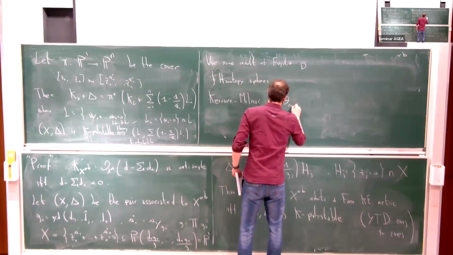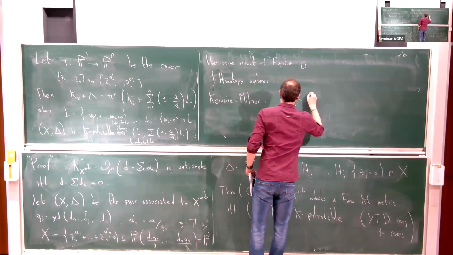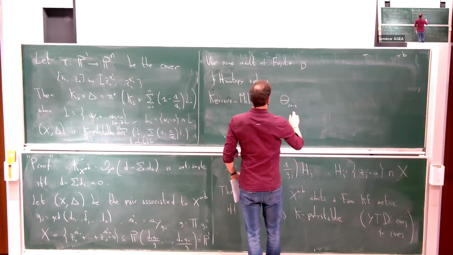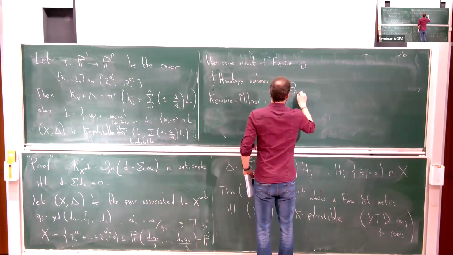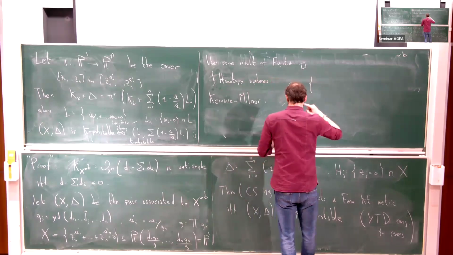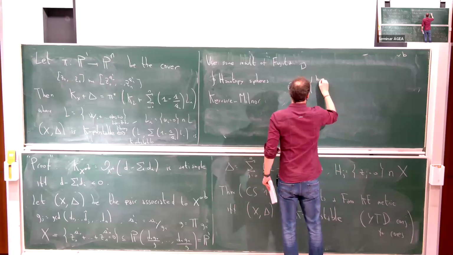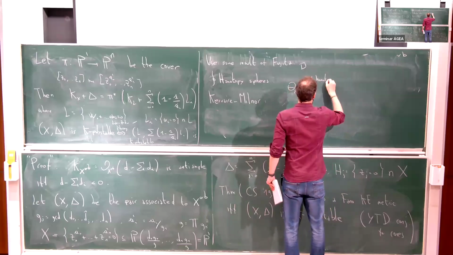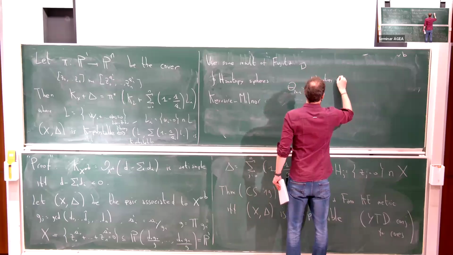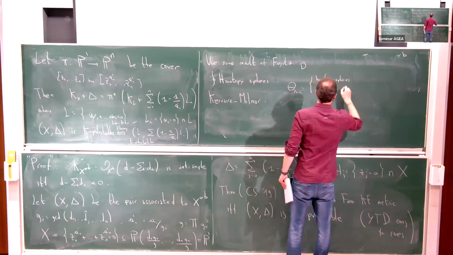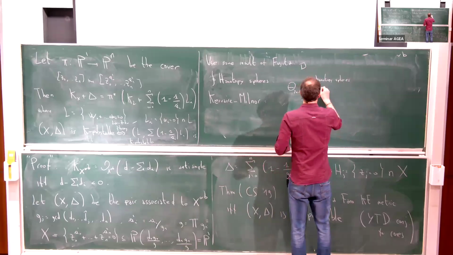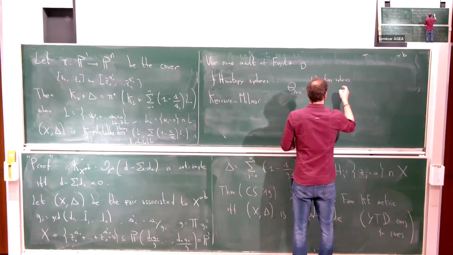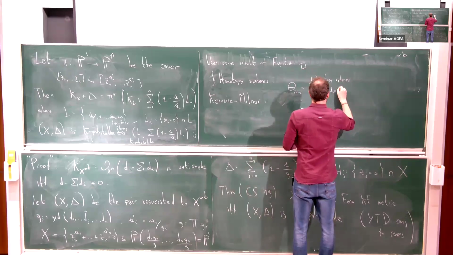And they showed that if you consider the set of manifolds that are homeomorphic or homotopy equivalent, sorry, the manifolds that are some homotopy sphere of dimension 2n minus 1.